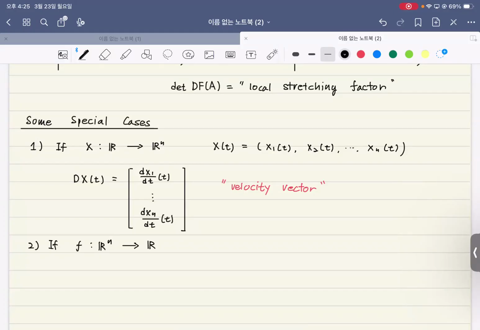Then its matrix derivative df at point A, this time, is a row vector: partial f over partial x1 at A, partial f over partial x2 at A, up to partial f over partial xn at A. Just like this.